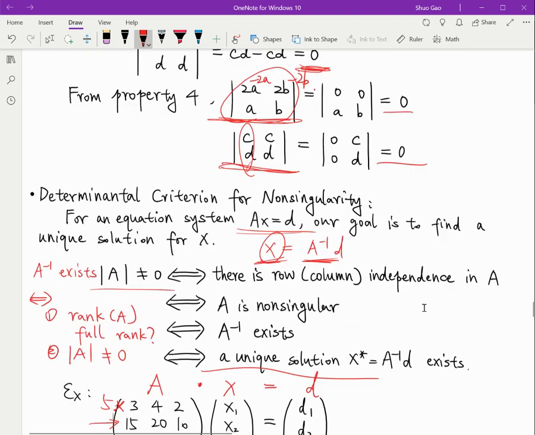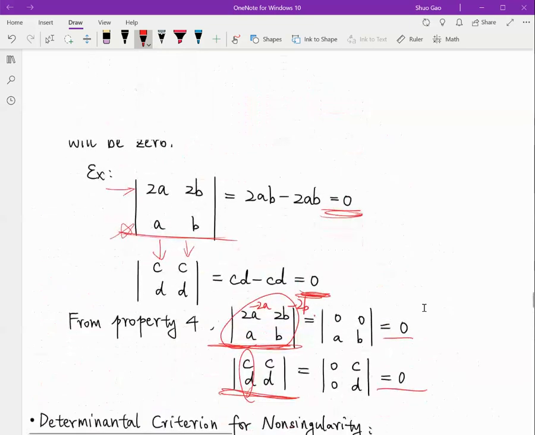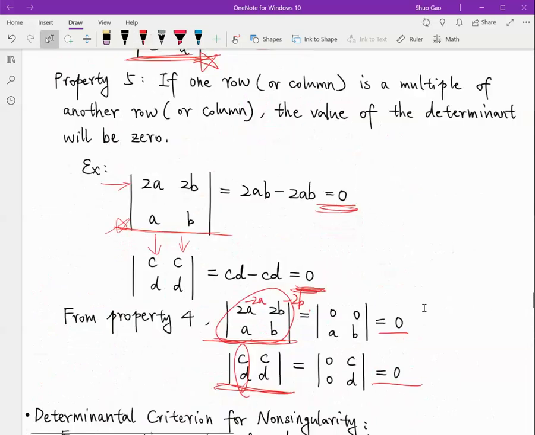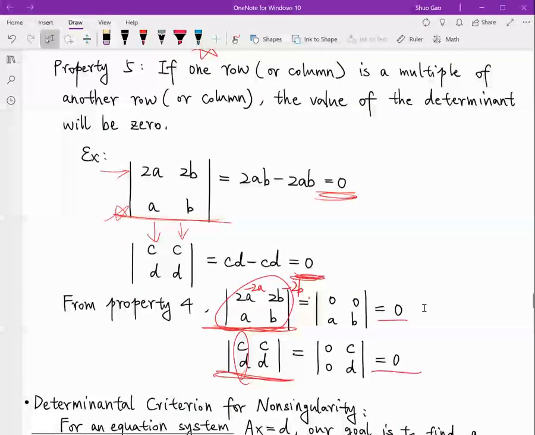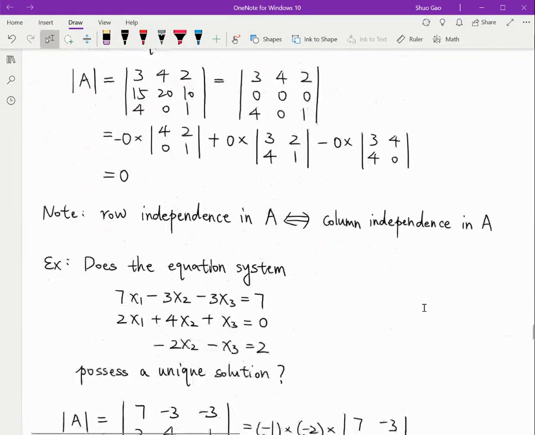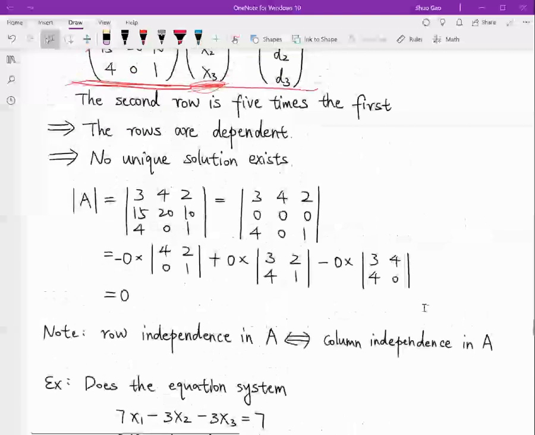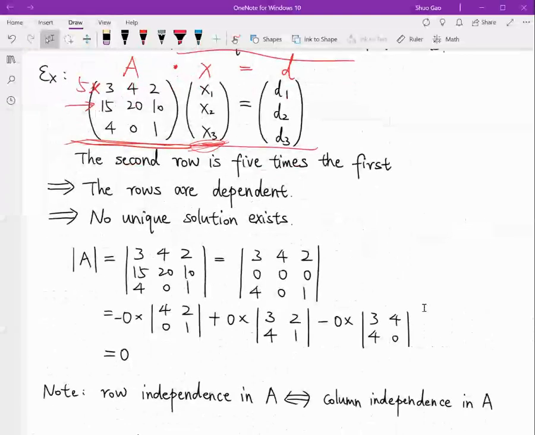So based on property 5, if one row is a multiple of another row, then the value of the determinant will be 0. So that means that the determinant of A is 0, since the second row and the first row are linearly dependent on each other, right?